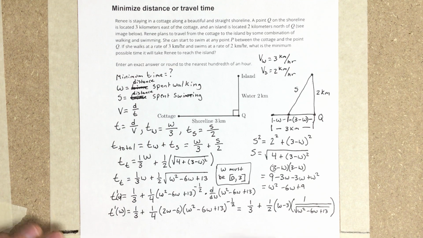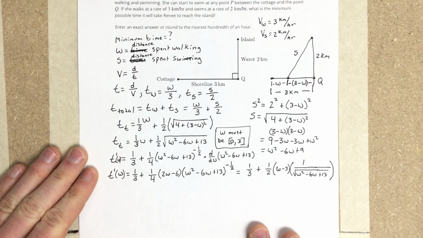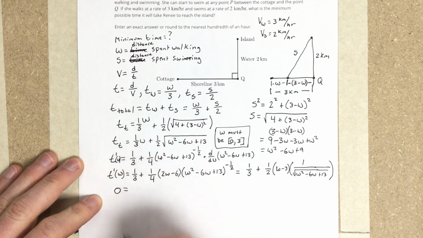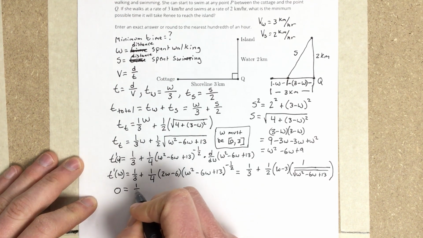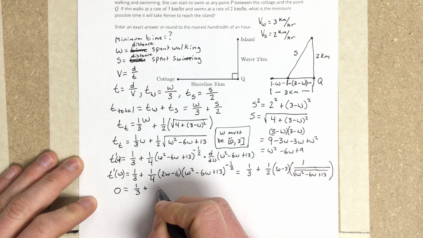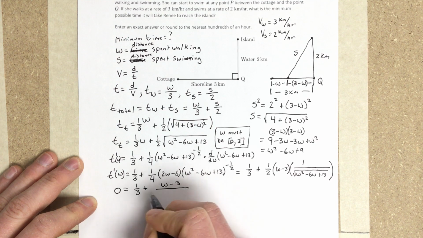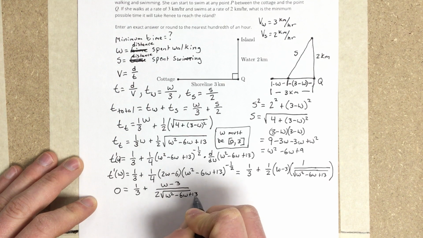Now I'm going to set all this equal to 0, so I'm going to have to slide this up a little bit. So all this is equal to 0, and I get 1/3 plus, I can rewrite this, (w minus 3) over 2 root w squared minus 6w plus 13.